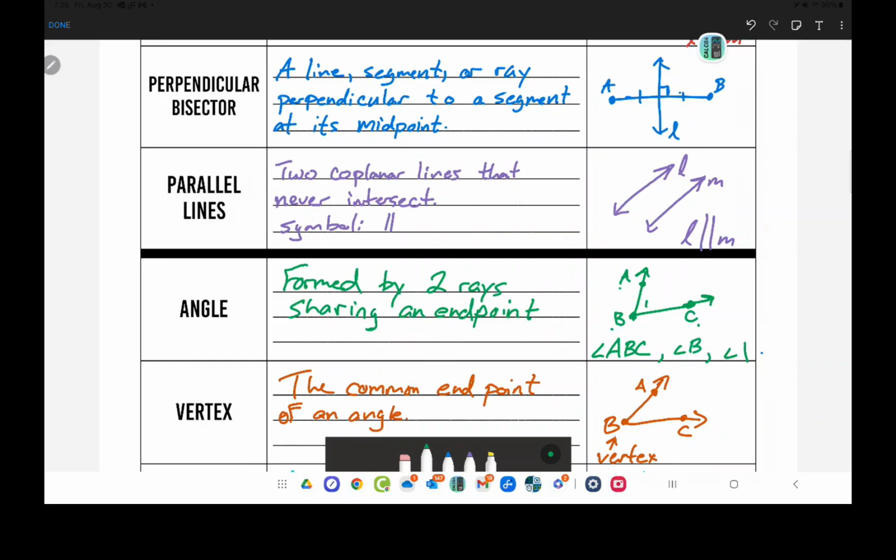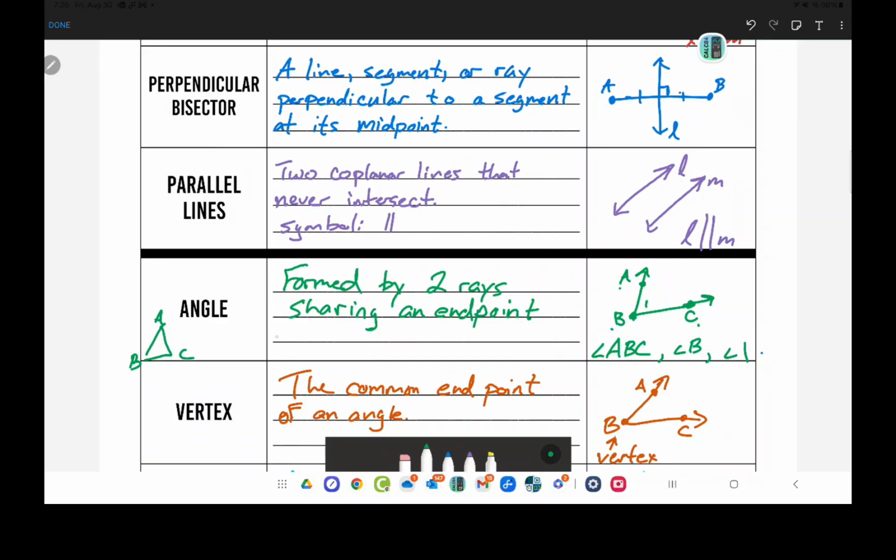Because I can have multiple angles that share those letters. In fact, if I had a triangle ABC, and I said angle ABC, you need to know which specific angle I'm talking about, even though all angles in that triangle share those three letters. So the reason we have the vertex be the middle point is for you to be able to locate where the specific angle is.